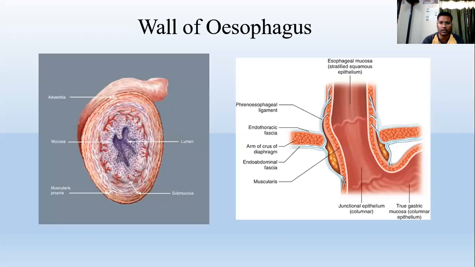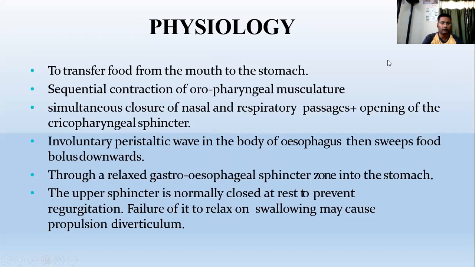So now, in the next slide, we discuss the physiology of the esophagus. The physiological function of the esophagus is to transfer food from the mouth to the stomach. That's the only function, but it's a complex procedure.